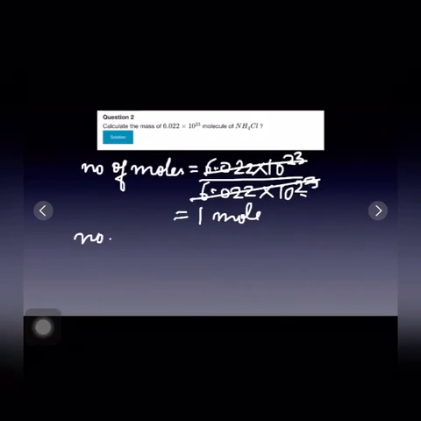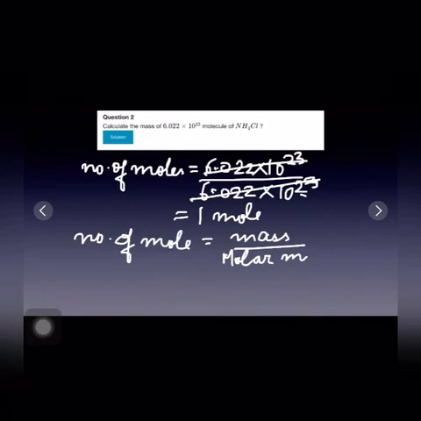So we get number of moles as 1. Now we have to calculate the mass. So we know the other formula to calculate the mass, which is number of moles is equal to mass upon molar mass. So put the values: number of moles is equal to 1, mass of NH4Cl, and the molar mass of NH4Cl will be 53.5 gram.